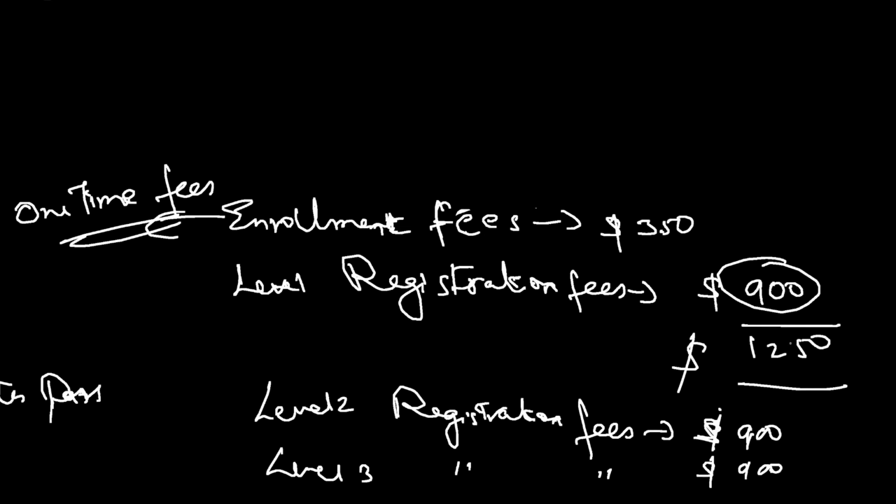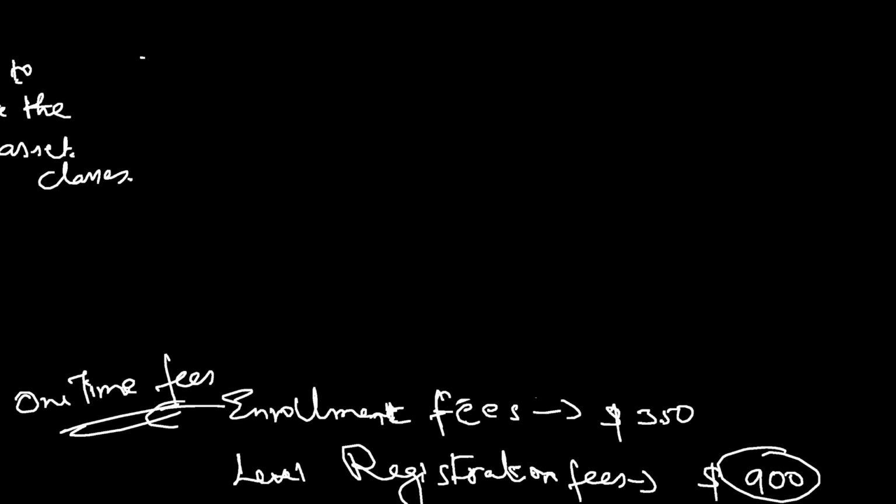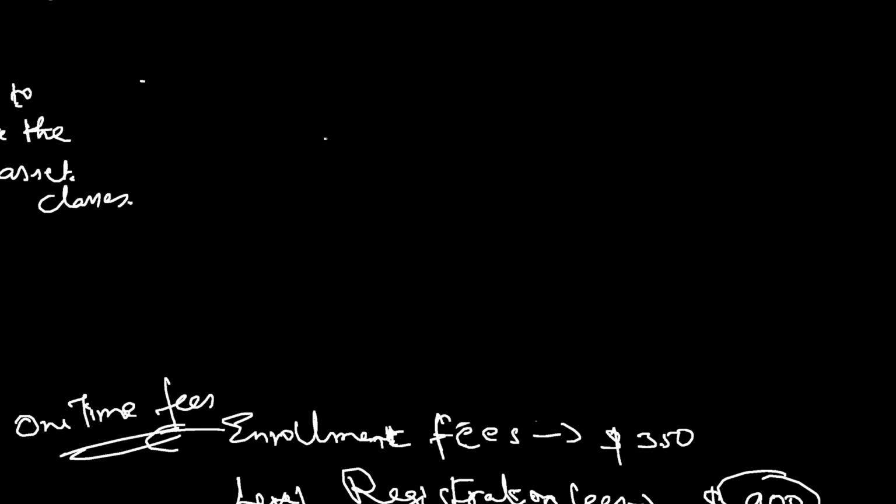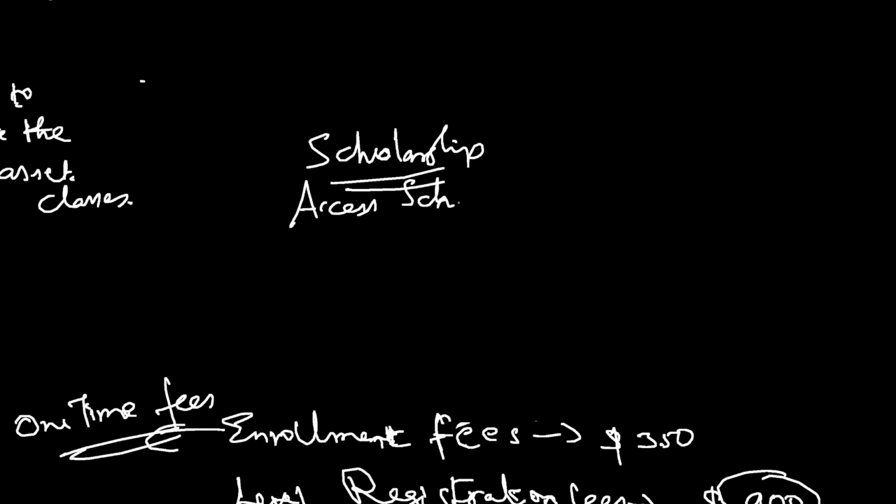Then if you are looking for a scholarship, they provide scholarships as well. If you don't have enough money, if you have some financial crisis, then you can get access to scholarships. You will have to fill up the form on the CFA Institute website.